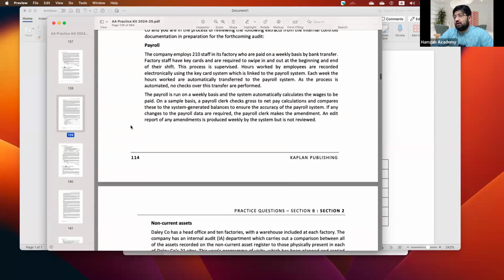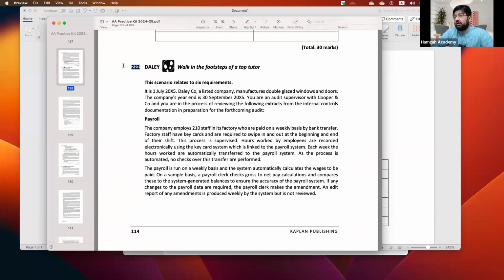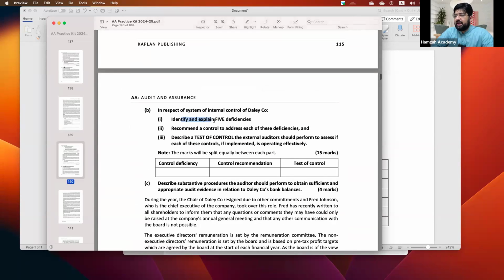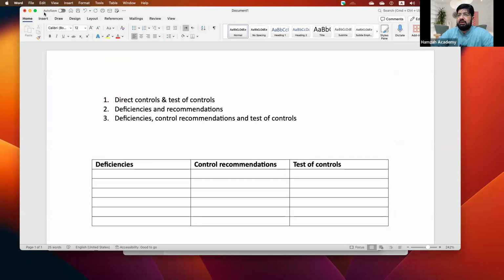You see, the requirement is here in front of you. It is the December 2022 question, Daley Company. Identify and explain 5 deficiencies. Recommend a control to address each of these deficiencies. And describe a test of controls the external auditors should perform to assess if each of these controls is operating effectively. Deficiency, recommendation, and test of control.